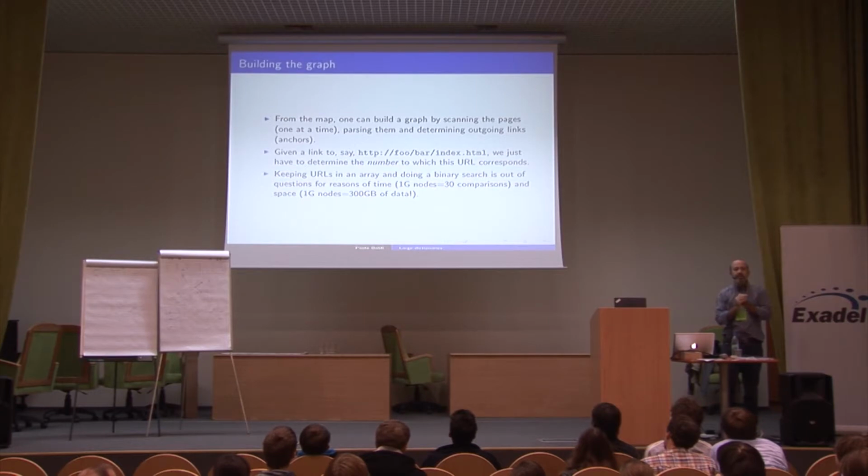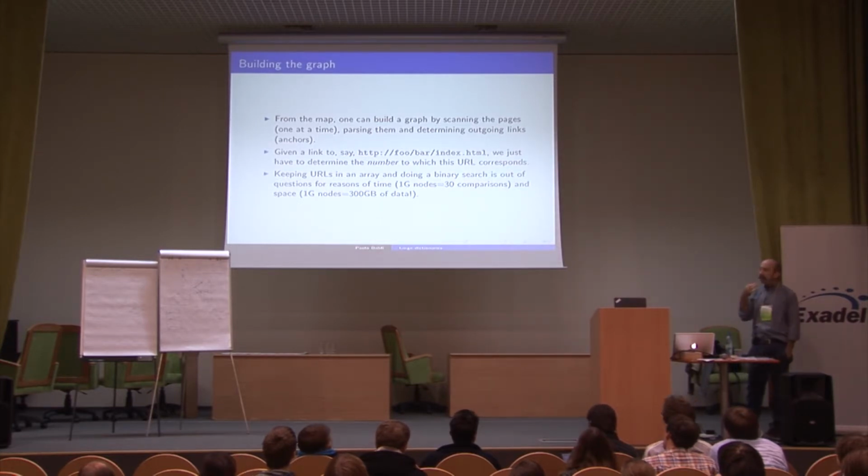If you have 1 billion nodes, which is not too much, 1 giganodes, first of all, the space required to keep the strings is about, I wrote 300 giga, assuming that each string on the average is 300 characters. Probably it's more than that, because nowadays URLs tend to be very long.